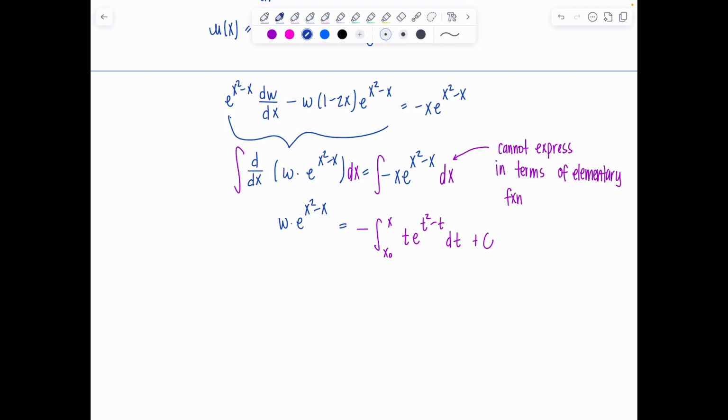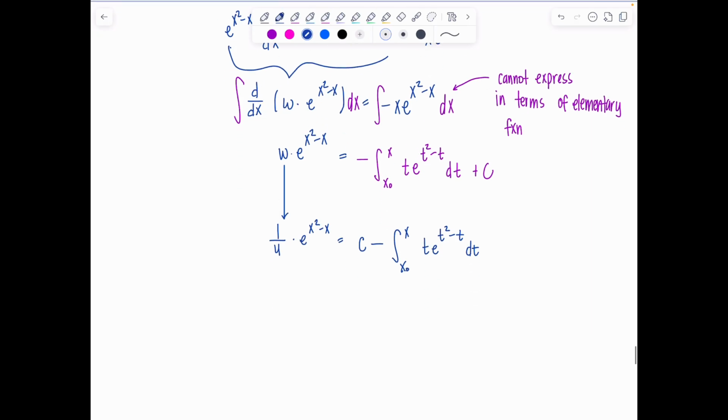Then you just proceed and your answer is going to look a little gross, okay? So w, who was w? It was 1 over u times e to the x squared minus x equals, let's write the right-hand side as c minus integral x naught to x t e to the t squared minus t dt.